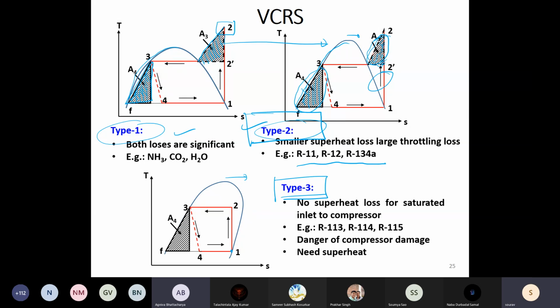Now we are in an era where we are restricted by environmental policies, and hence that is given the primary choice, and we are shifting to refrigerants which may not be so efficient from the thermodynamics point of view, but they are safe from the environment point of view. So that is an additional constraint. But think of the 1900s, 1950s, 60s, people didn't care about the environment. All we cared about is how little electricity it consumes. That's it. So that was the quest.